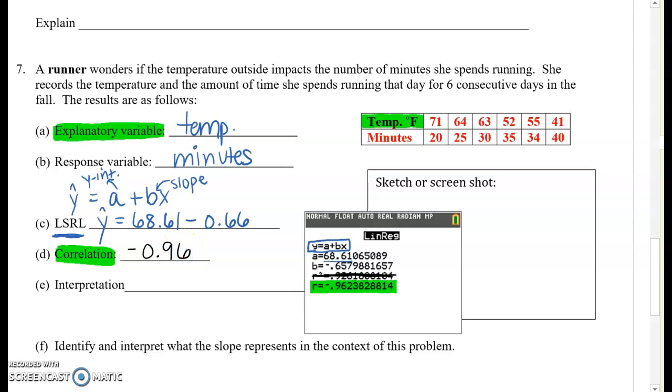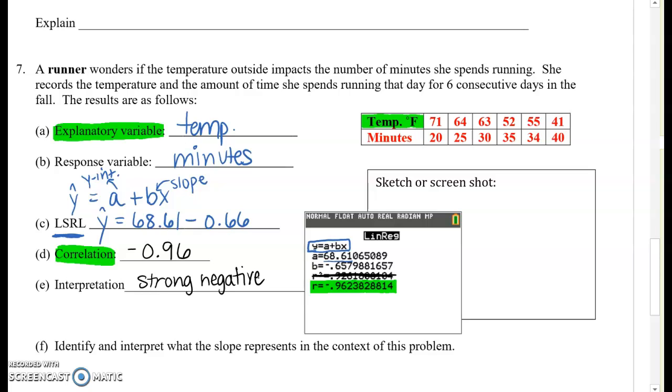When we talk about interpreting the correlation coefficient, we have to talk about two things: negative or positive, and its strength. So the closer something is to 1 or -1, the stronger it is. So this is very close to -1. So this is a strong negative correlation.